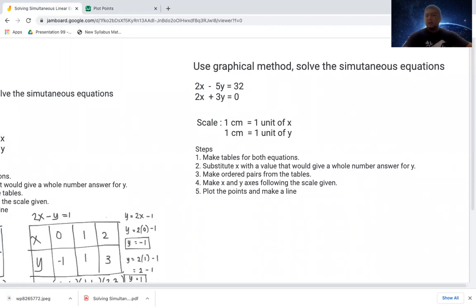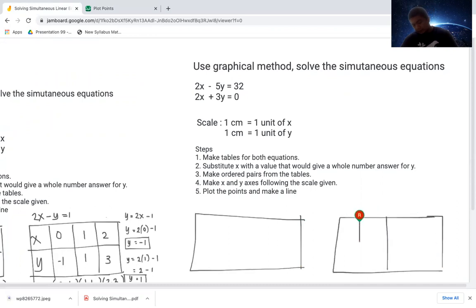Now, as you can see here, for this question, it does not provide any unit for the variables x and y. So in this case, there's nothing to worry about because the procedure will automatically be the same. Okay. First, you're going to make a table.